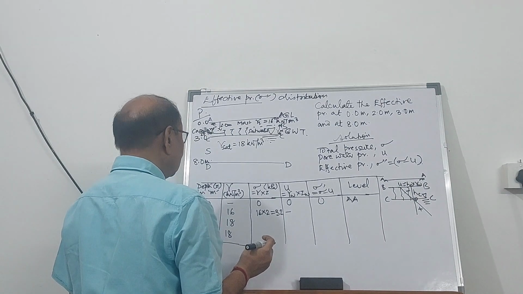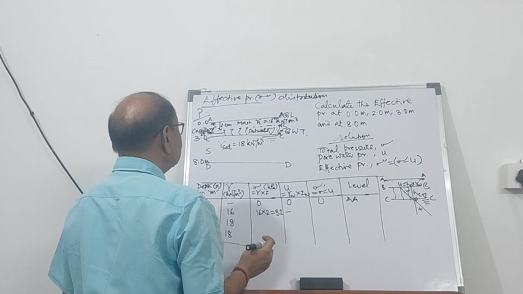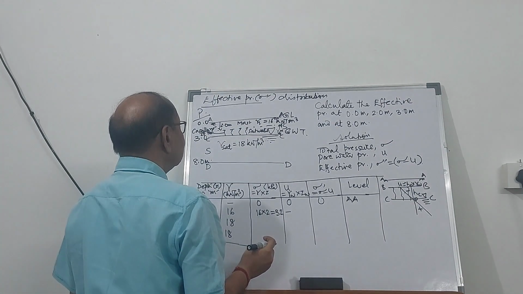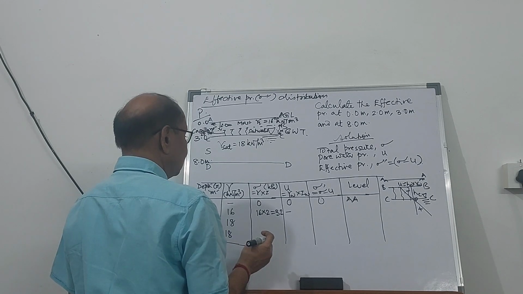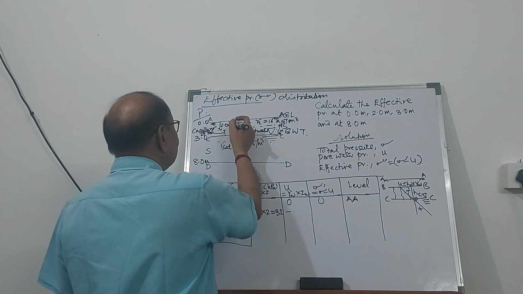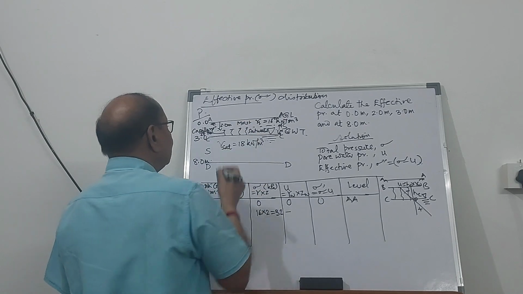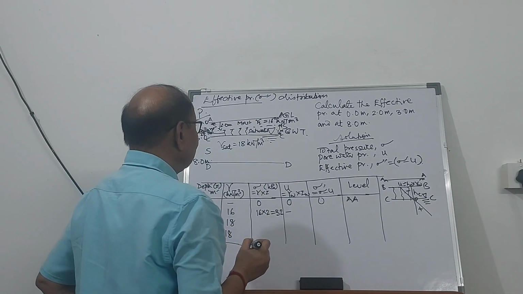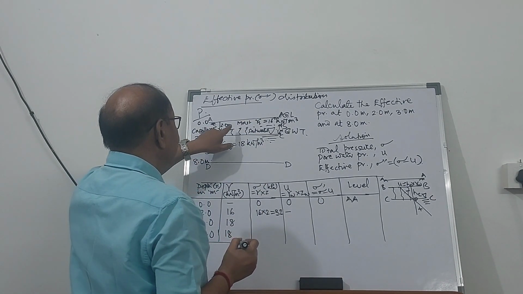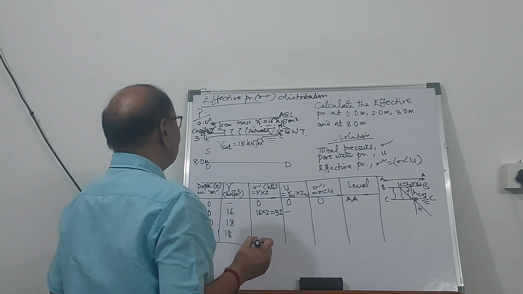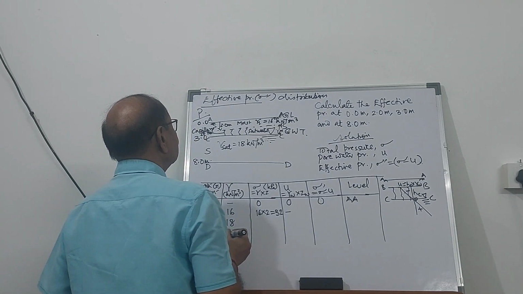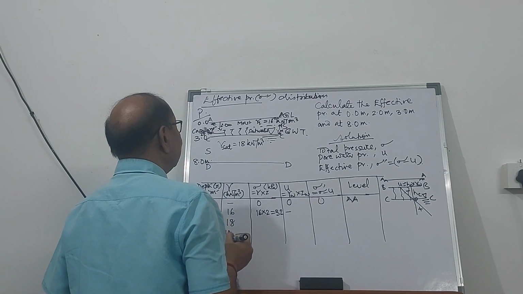So at 2 meter, what is the column of water? At 2 meter, the pore water pressure at this location is going to be different.